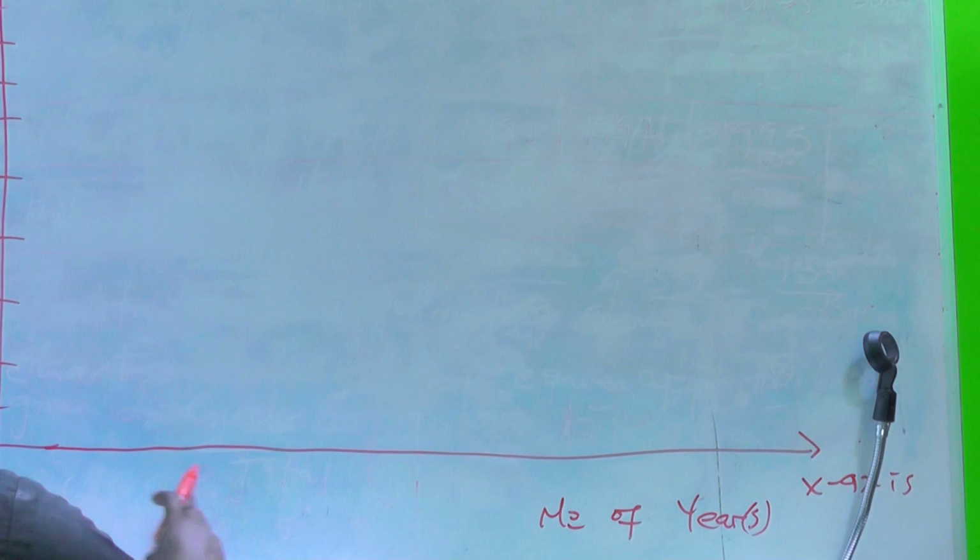We explain the measurement of location. Under the measurement of location, we have arithmetic mean, geometric mean, and mean, mode, and median.